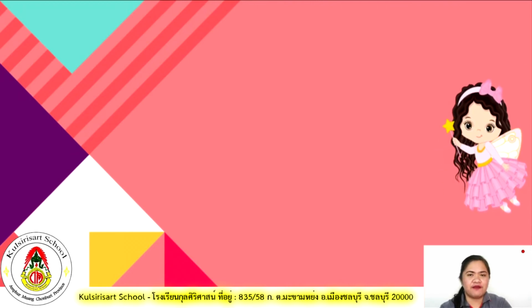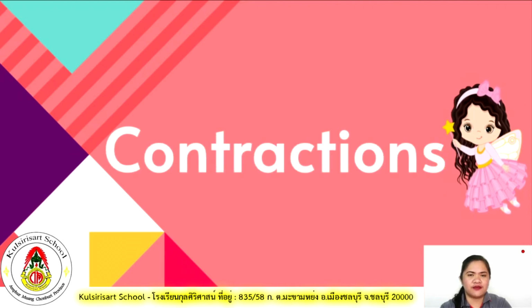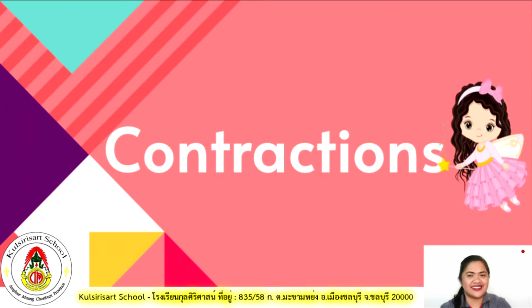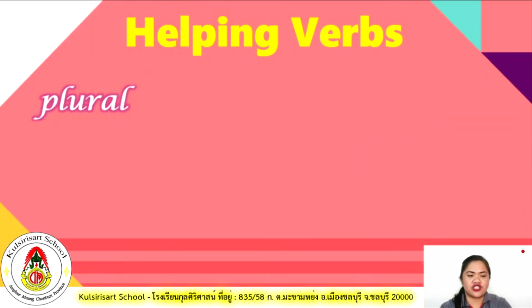And this time, we are going to talk about contractions. Again, what will be our next topic? Contractions. Very good. So when we talk about contractions, class, it's very easy. Just notice this pattern.